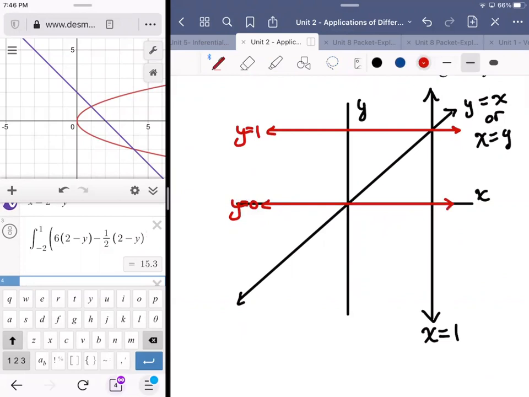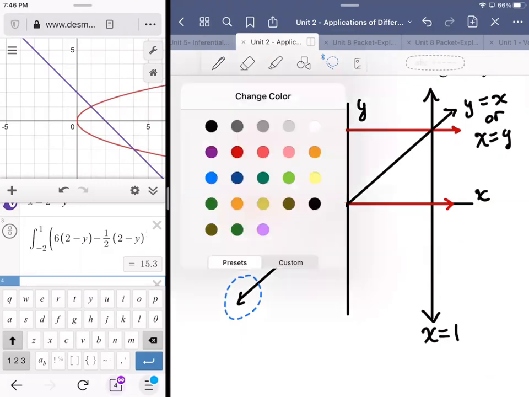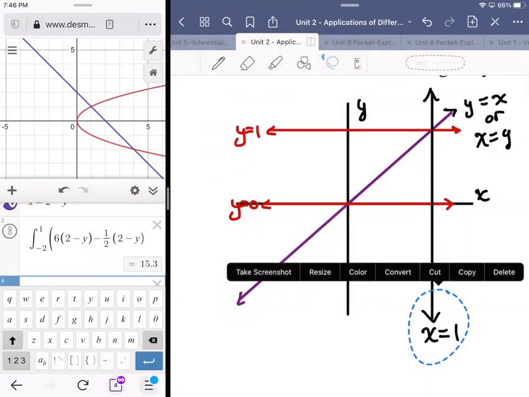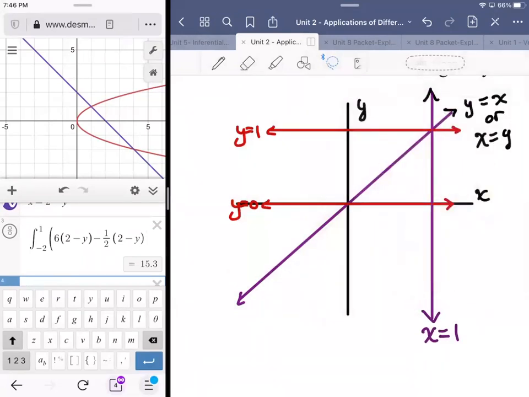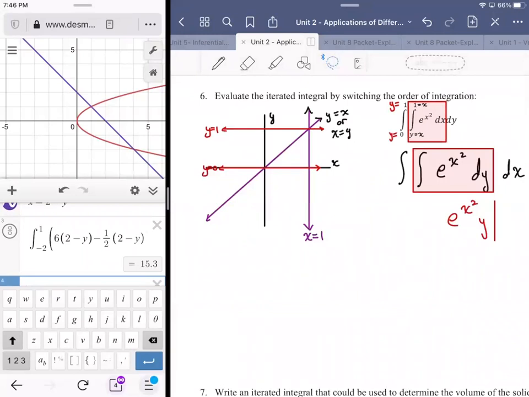All right. So we have our bounds, really. I mean, it just doesn't seem like there's much of anything to be impressed by, but they're there. I'll make this purple. Make it pop a little bit more. All right. So we want to be thinking about what they wanted us to do initially, but what we want to do instead.